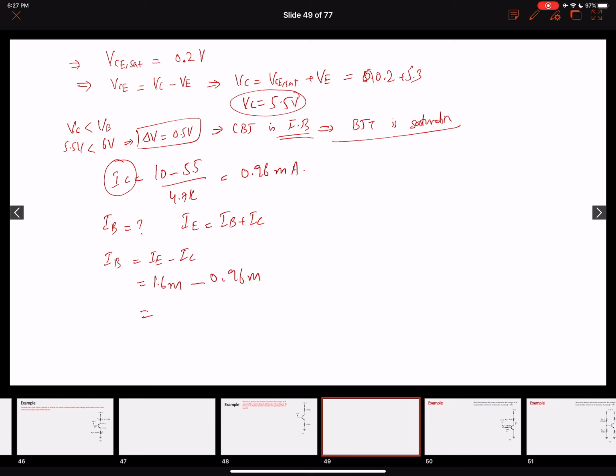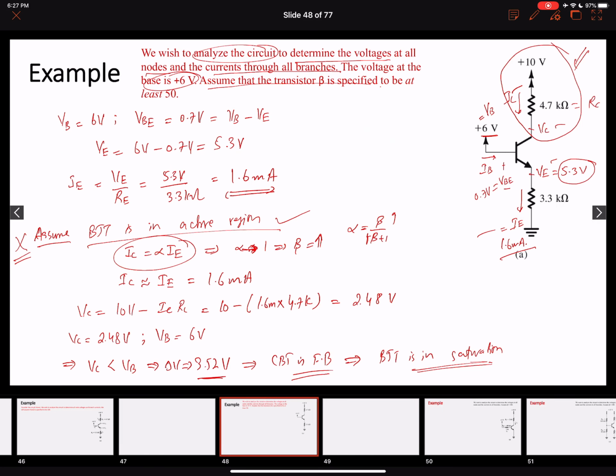So 1.6 minus 0.96, our base current will come out to be 0.64 milliamperes. This is the value of the base current. So with that, we ended up solving the circuit. We ended up finding all the values of the voltages at the nodes, emitter, base, and collector. We also ended up finding the current that is flowing through the transistor.